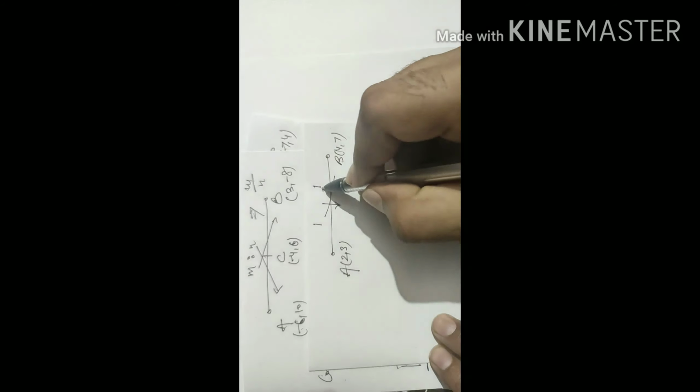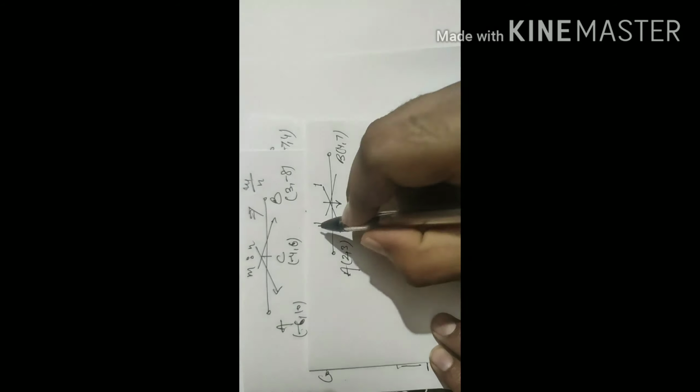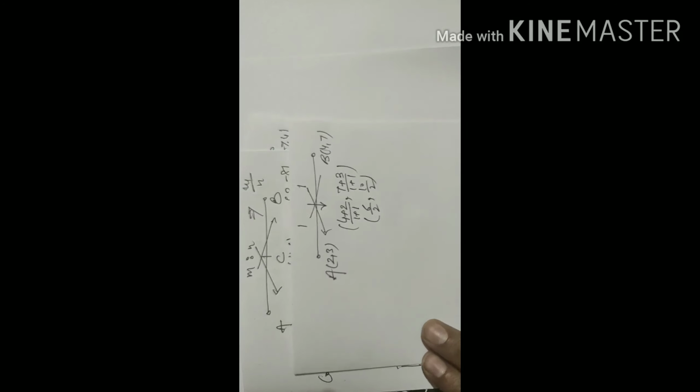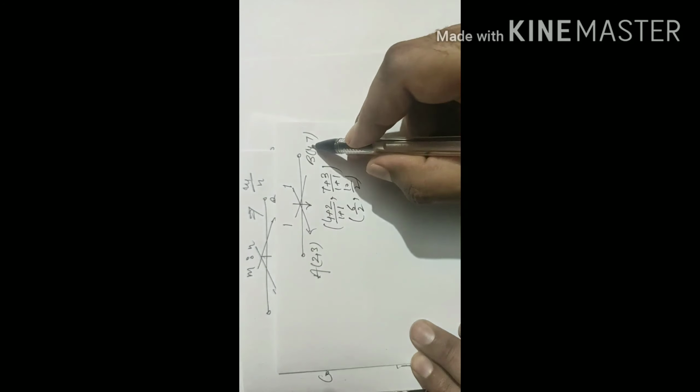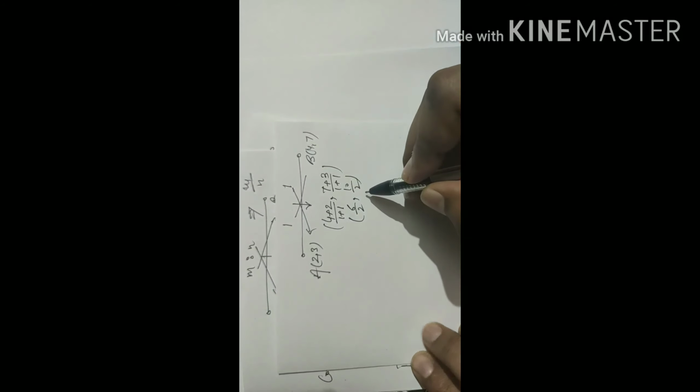If we apply the section formula here, it becomes 1 multiply 4, 1 multiply 2, divided by the sum of ratio. For the y coordinate, 1 multiply 7, 1 multiply 3, divided by the sum of ratio. So it becomes 6 by 2, 10 by 2. Generally, we can see only the sum of x coordinates divided by 2, and the sum of y coordinates divided by 2. This is known as the midpoint formula.